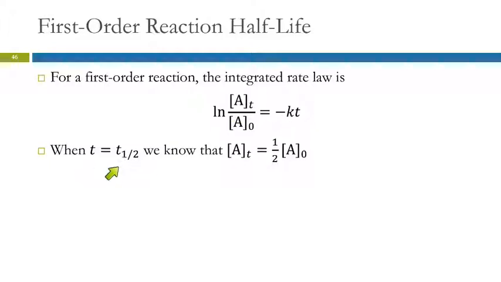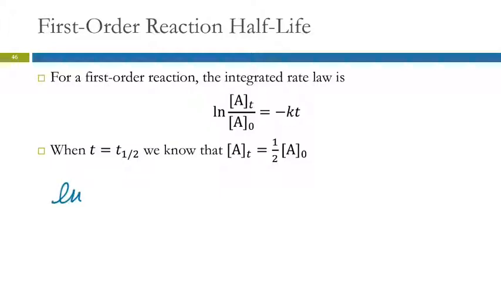When t is equal to the half-life, we know that the concentration at that time will be 1/2 of the initial concentration. So what we can do is plug 1/2 A0 in for A.